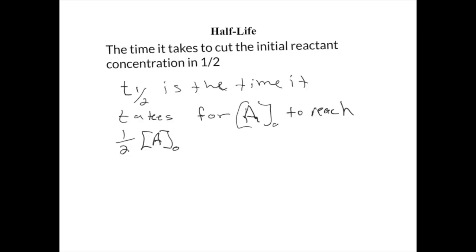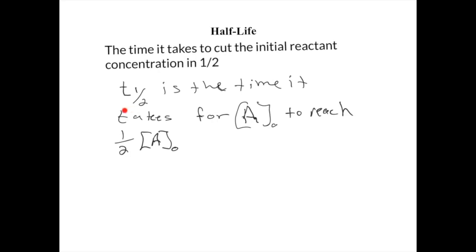And so I'm going to focus our use of half-life, T1 half, on first order reactions. So I'm going to show you how to derive the half-life. So we start off with the first order equation, natural log of A sub T divided by A0 is equal to minus KT. That's one of the equations that we covered.